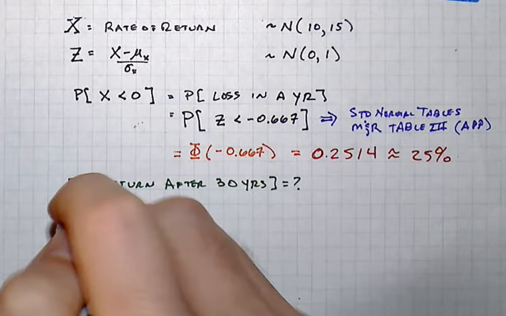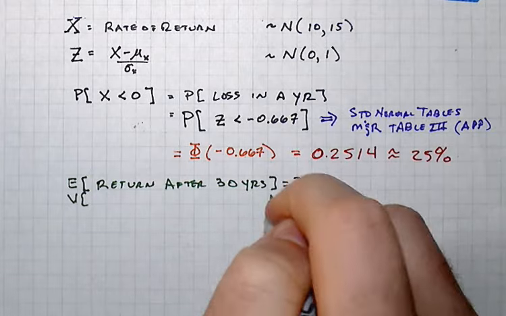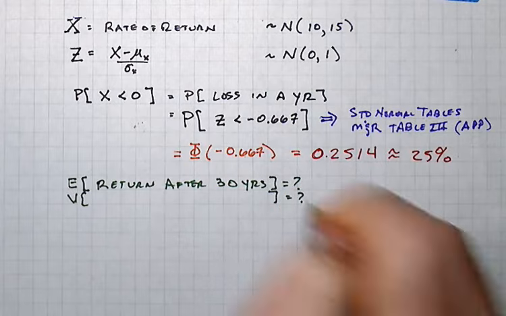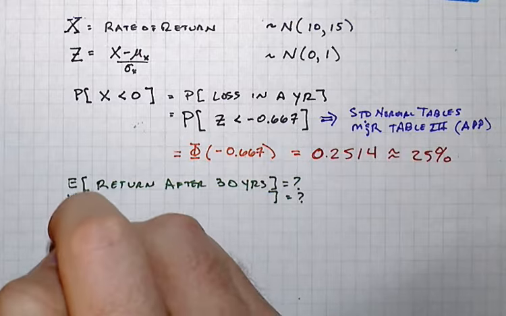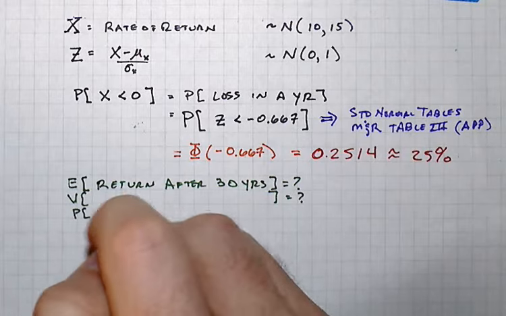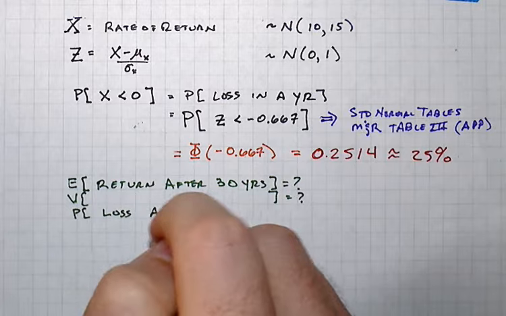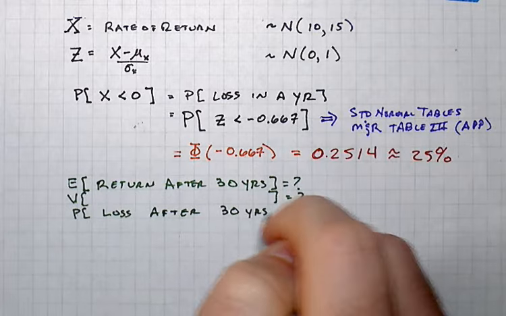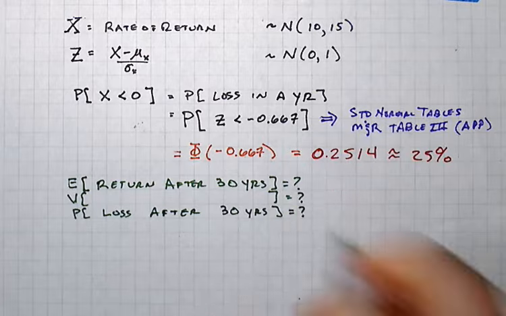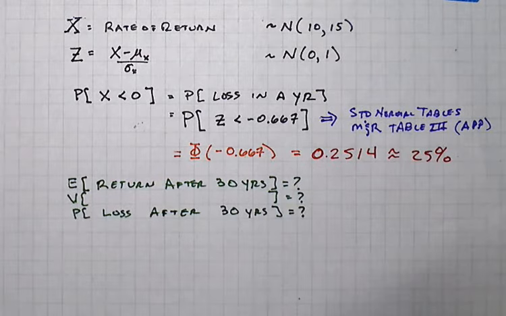Or what's the variance on that return after 30 years? Because remember, we learned how important variance is. Or another question to ask is, what's my probability of loss after 30 years? Right? Obviously here, this is a long-term investment. Maybe it's a retirement investment, that sort of thing.